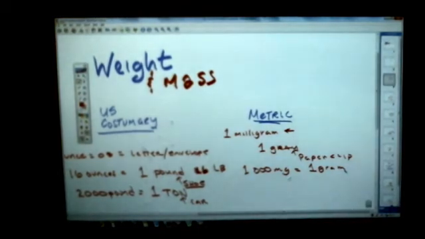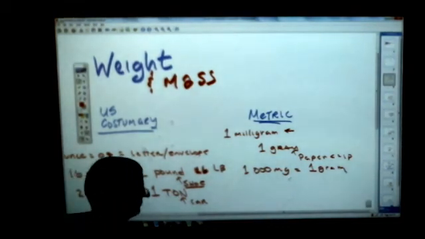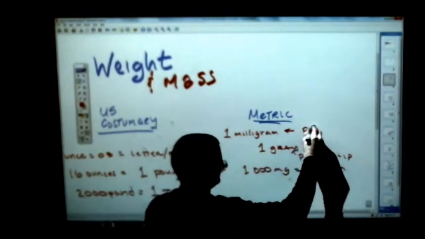Something a little more consumer friendly, especially in the flu season. Soup? Soup would be more in grams than milligrams. Pills.